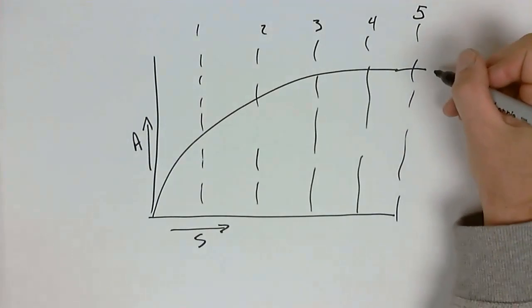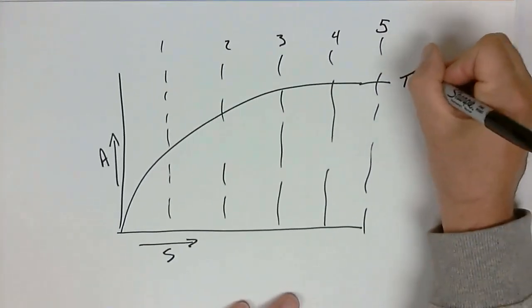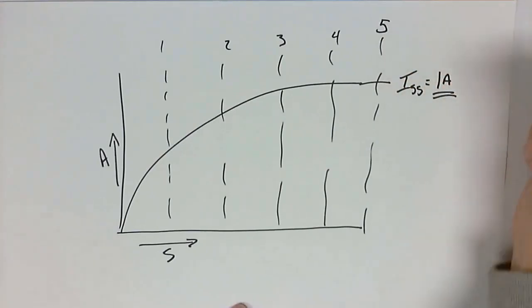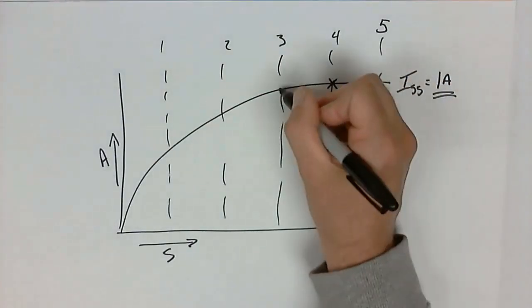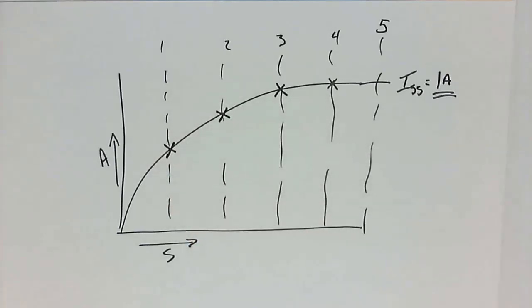And we know that we have this divided into 1, 2, 3, 4, 5 equally divided time slots. Well, if we know what the steady state current value is, then we should be able to calculate what the value of current is at each one of these time constant values.